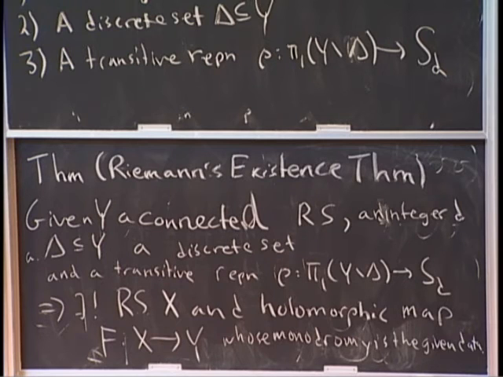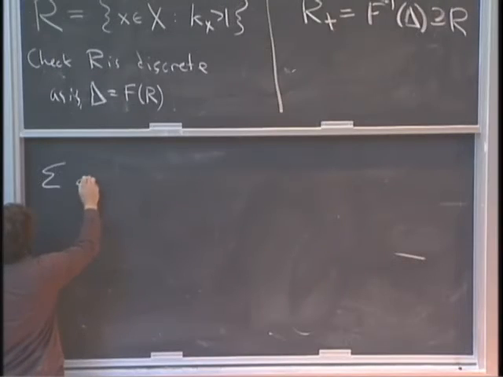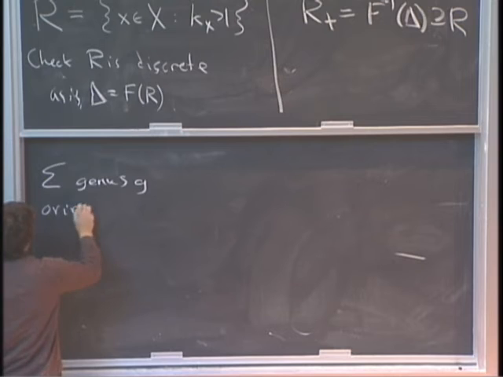So what's the idea here? Again, I'm afraid I'm going to have to draw some pictures, so it might be meaningless. Let's suppose we start with sigma, some genus G oriented closed surface.